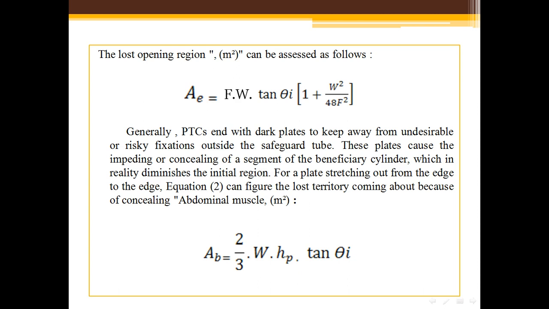Generally, parabolic trough collector terminate with opaque plate to avoid unwanted of dangerous concentration outside the absorber tube. These plates case the blocking or shading of a portion the receiver tube, which indeed reduce the opening area for a plate extending from the rim.